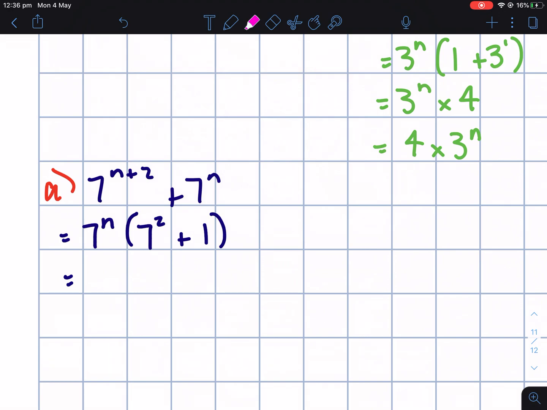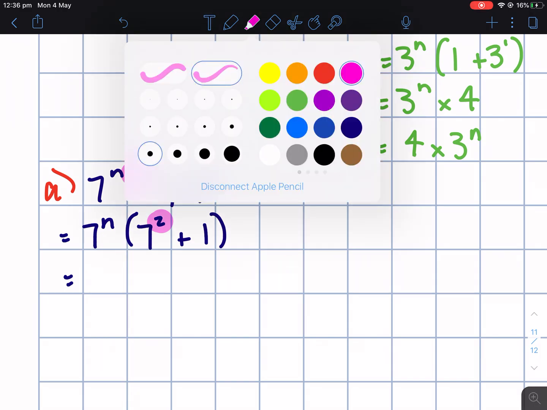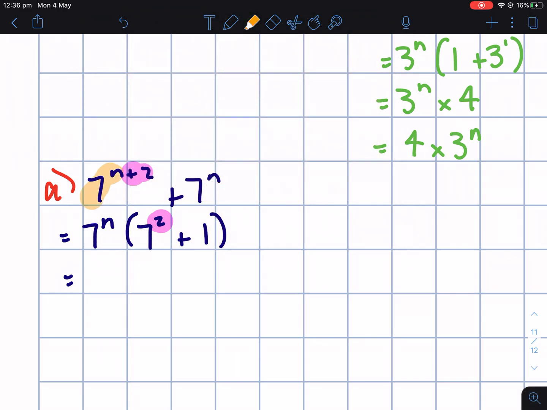So when I say plus 2, that's that one going there. Because this one appears out the front. Every time you've got nothing left, you write plus 1, because you're dividing it. 7 to the n divided by 7 to the n is 7 to the 0, so it's 1. Okay, so that's 7 to the n outside of 49 plus 1, 50. So that's 50 times 7 to the n.